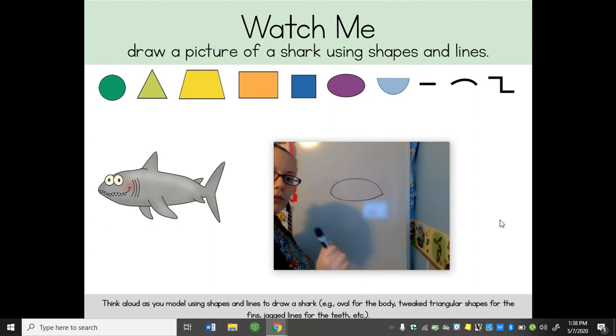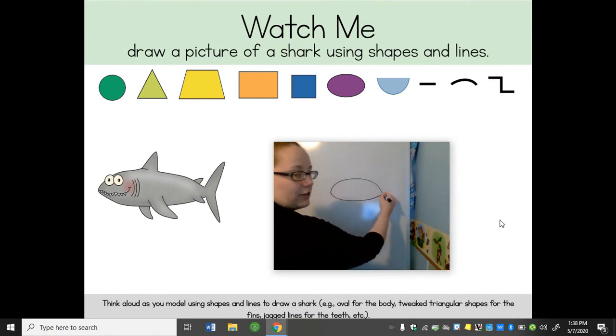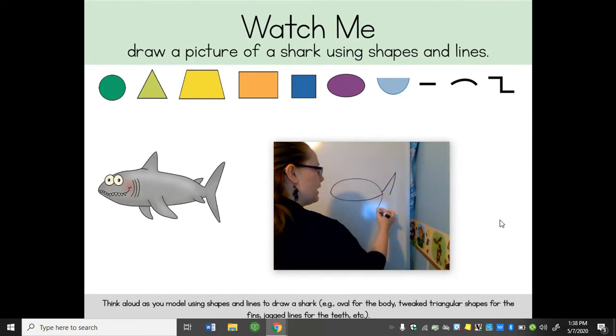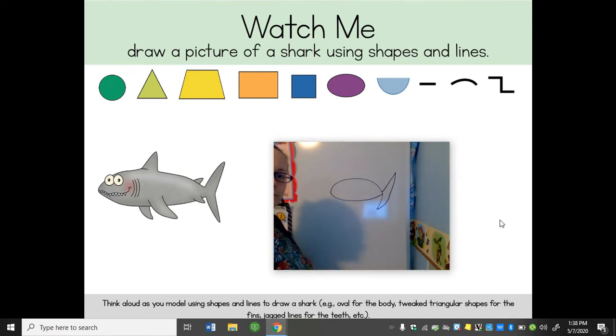Now, I see that on the tail, it kind of looks like two triangular shapes combined. So on this side, I'm going to try doing his tail. I'm going to go up to make a triangle, and then go down to make a triangle, and then have them connect in the middle.